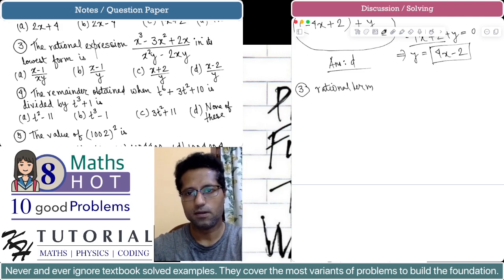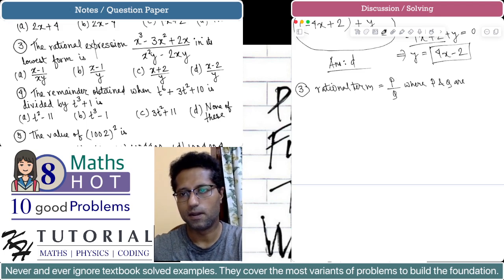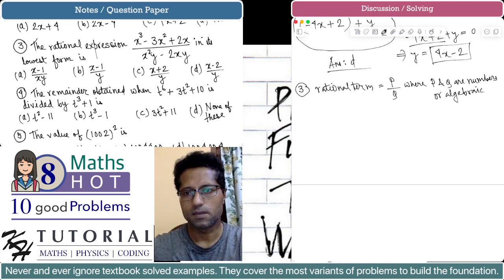In general, a rational term is like p by q, where p and q are numbers or algebraic expressions, and definitely q is not equal to 0.